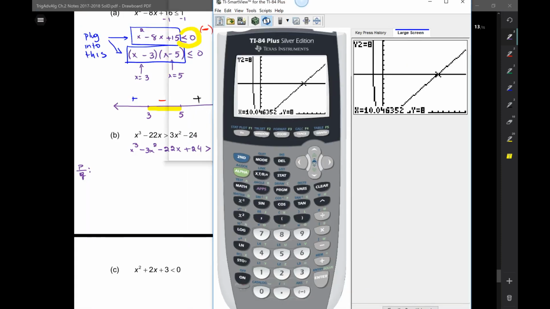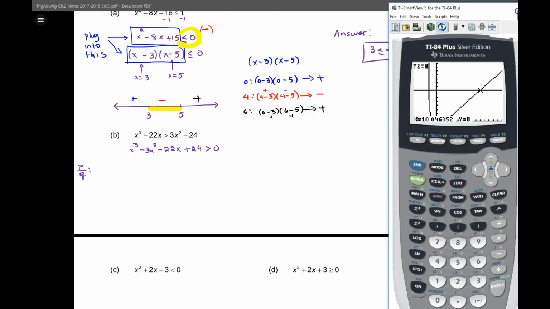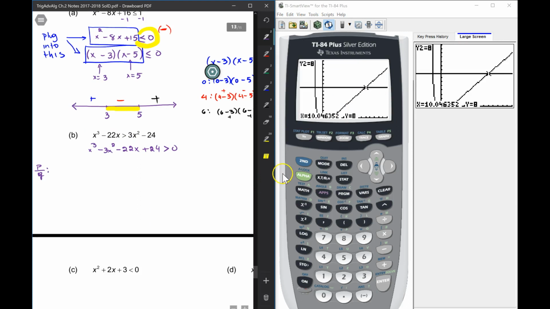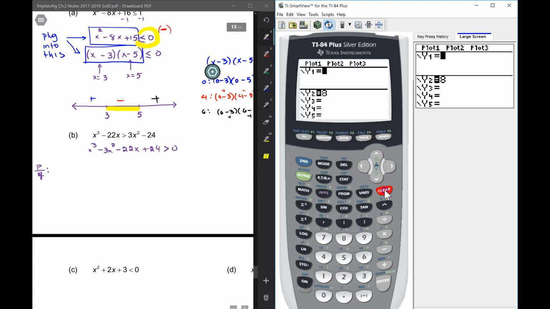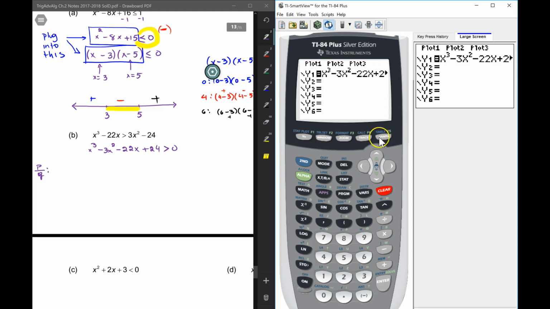X cubed minus 3x squared minus 22x plus 24.